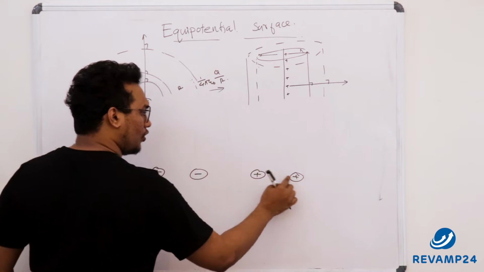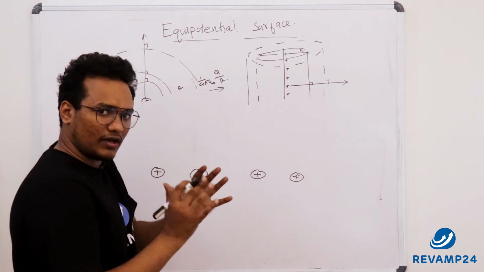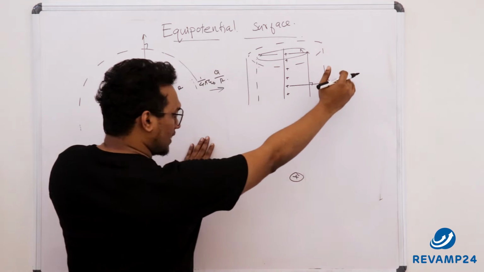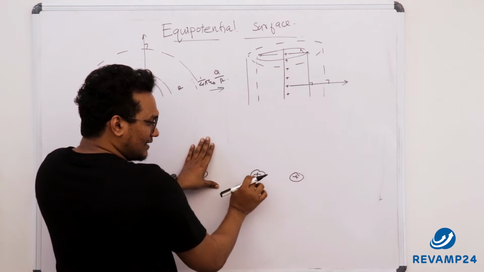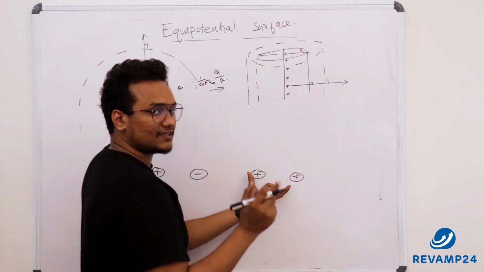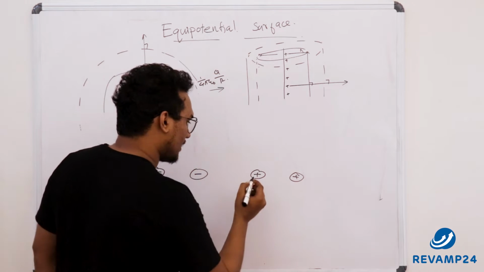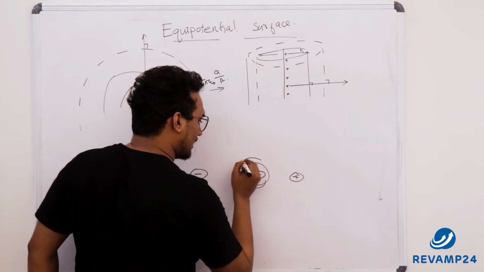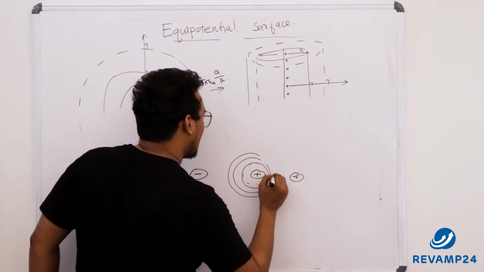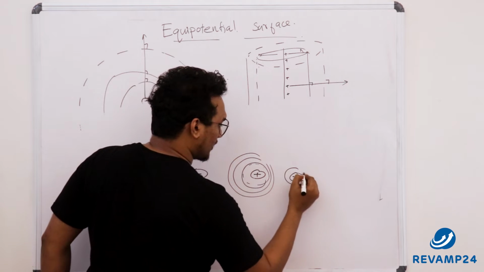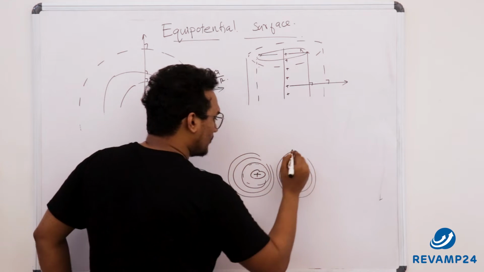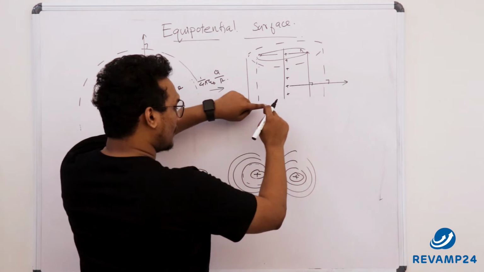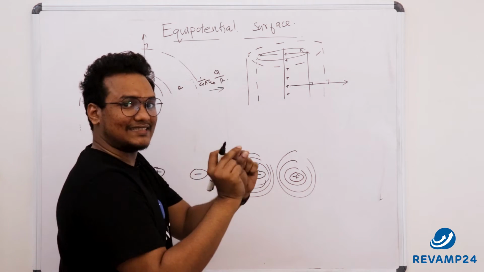Now, for two positive charges, just visualize it in this way. When we are very far away from these two positive charges, we can only see these two charges as one charge. Whenever we are very close to a single charge, we can clearly draw the equipotential surface as we have drawn in this case. Here also, across the positive charge, we can draw in this way. But when we are away from it, we can't see them as discrete charges.